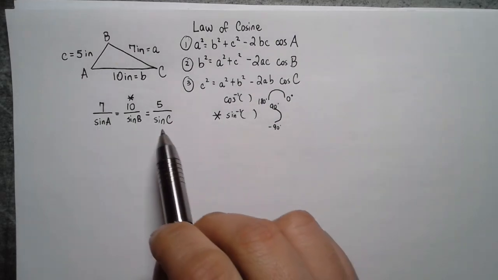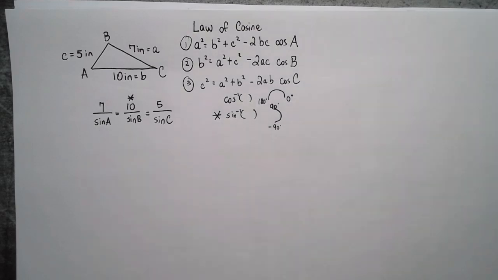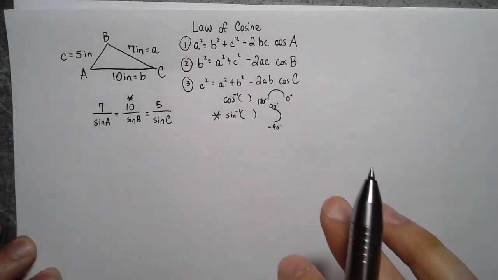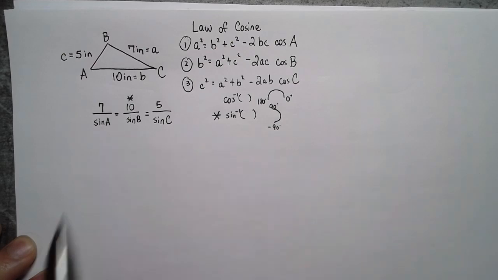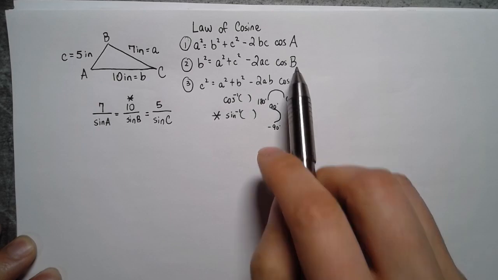Then you can use another one to find angle C, and you add the two angles and subtract it from 180, and you'll find angle B. So I will go with the first strategy so that the potential problem will not be there. I am going to solve for angle B first.